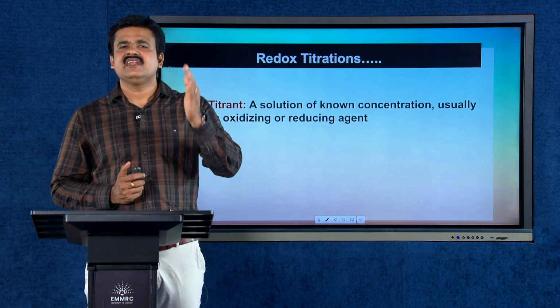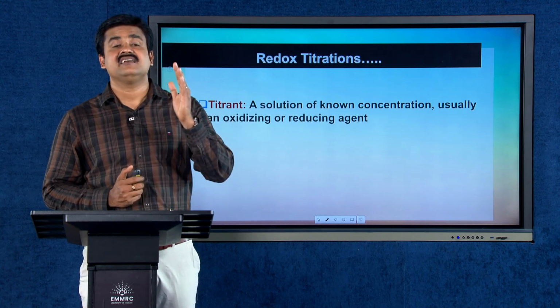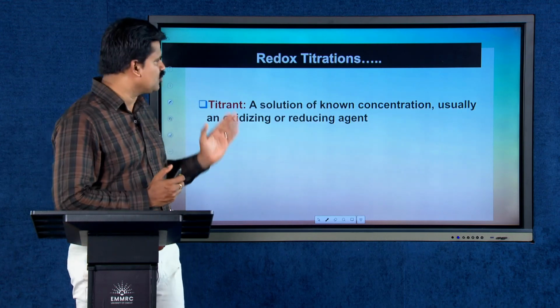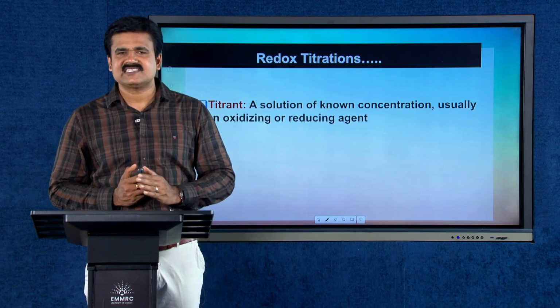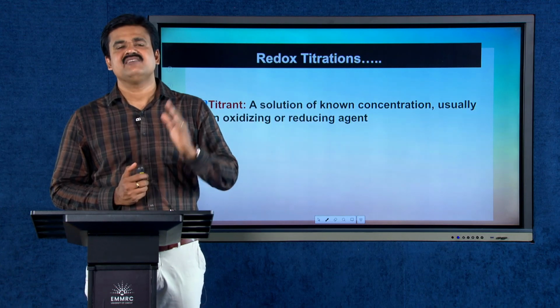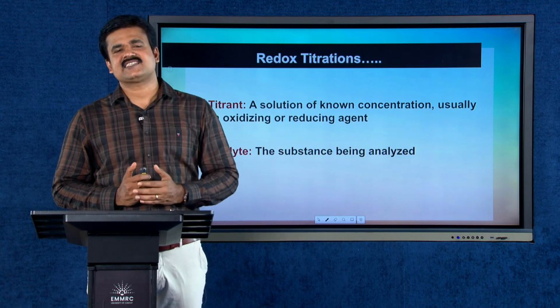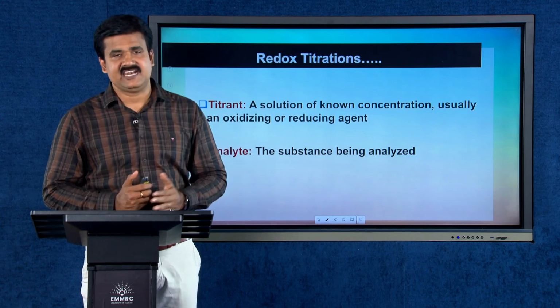Now, in redox titration, there must be a titrant, and in volumetric analysis, a titrant is a solution of known concentration, usually an oxidizing agent when we deal with the redox titration. In redox titration, there must be another species that is called the analyte.